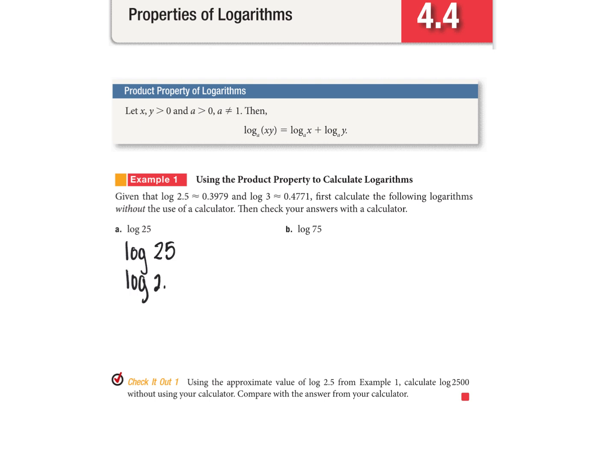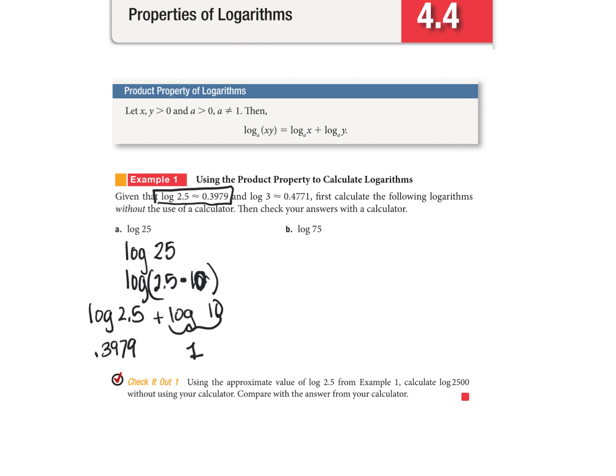Let's take 2.5 because that's what they gave me here, times 10. Using our property, we know that that is the log of 2.5 plus the common log of 10. Well, we know 10 to the first power equals 10, so this is 1. And they gave us this is 0.3979, so this is equal to 1.3979.